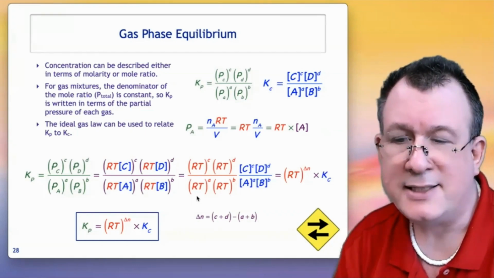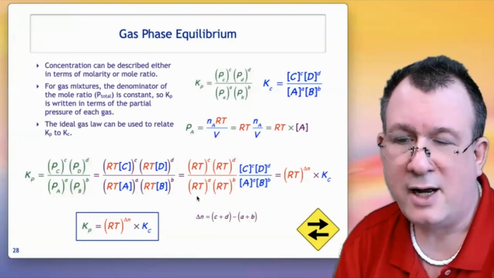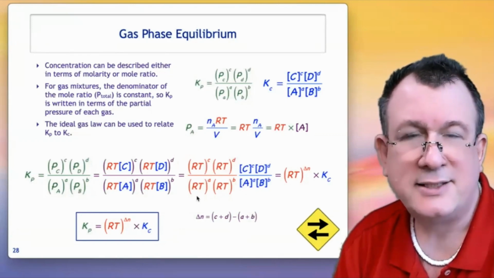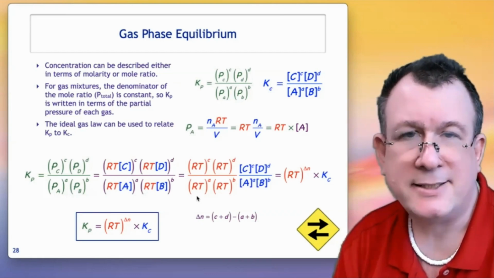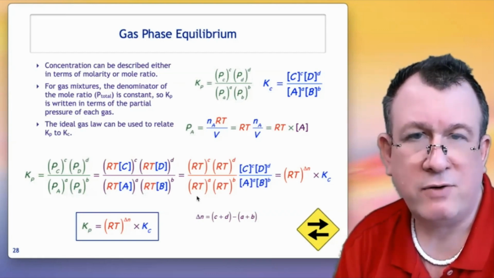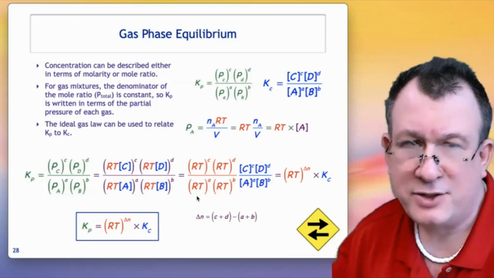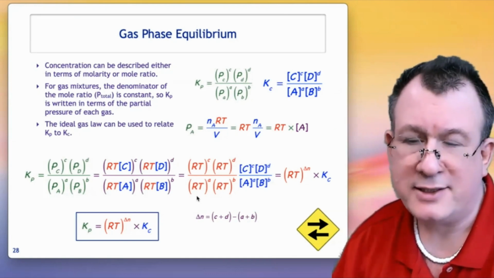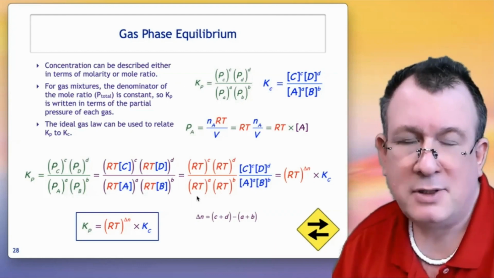Okay, so what's delta n? Delta n, if I collect all of those powers, is the sum of the coefficients of my products minus the sum of the coefficients of my reactants. So if I've got two reactants turning into two products, delta n is 0, and yes, Kp is equal to Kc in that case. In a lot of cases it's equal.